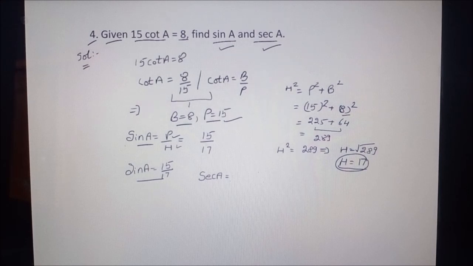Cos is base upon hypotenuse, so secant is equal to hypotenuse upon base. Now value of hypotenuse is 17 and value of base is 8. So secant A is equal to 17 by 8.